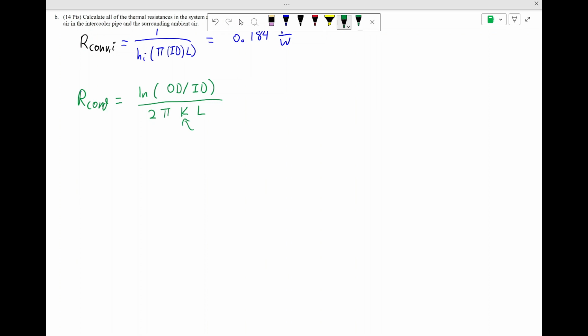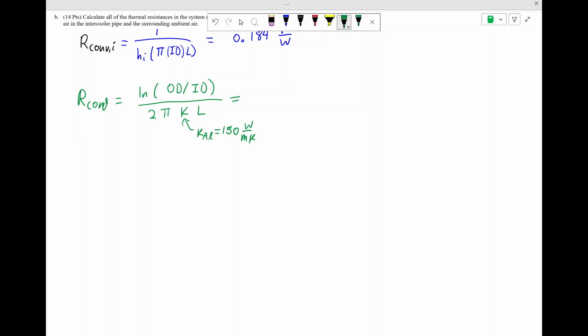Assume that this is made out of aluminum, and if it's going to be at a higher temperature, it might have some thermal conductivity. Let's just say that K for aluminum is about 150 watts per meter Kelvin for some highly alloyed aluminum that you might use here, like a 6061 or a 7000 series or something like that.